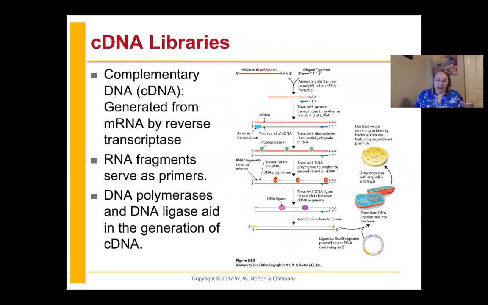All right, let's talk about another technology, cDNA libraries. When you have cDNA libraries, now you're trying to do something a little bit different, right? In this case, we're starting with RNA as our starting material.